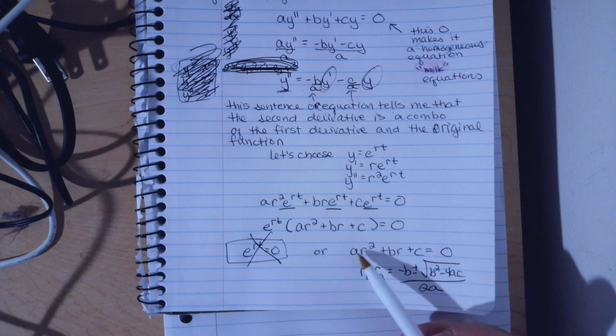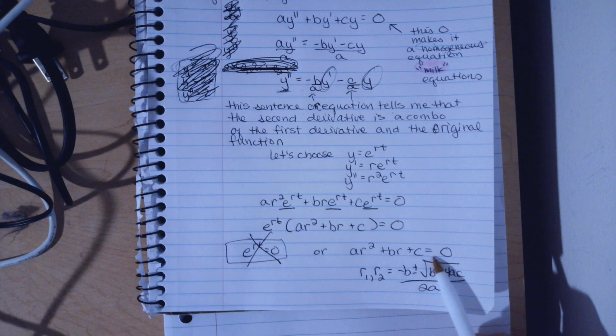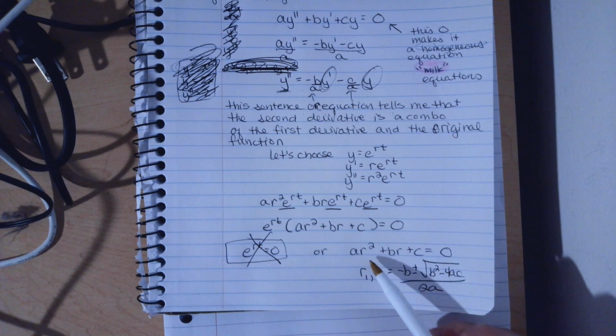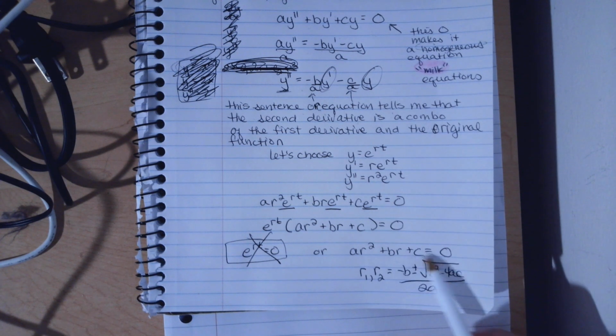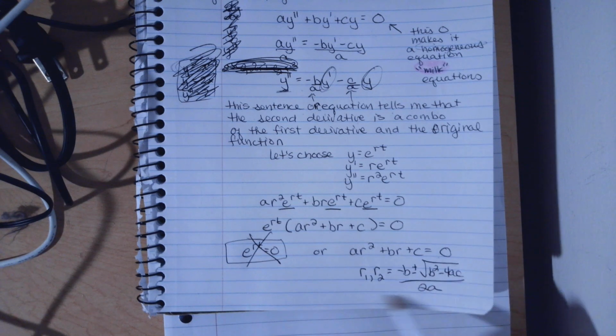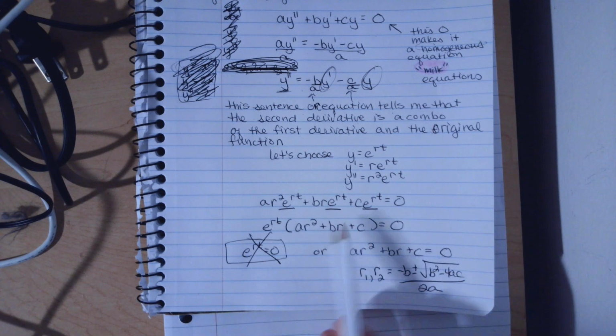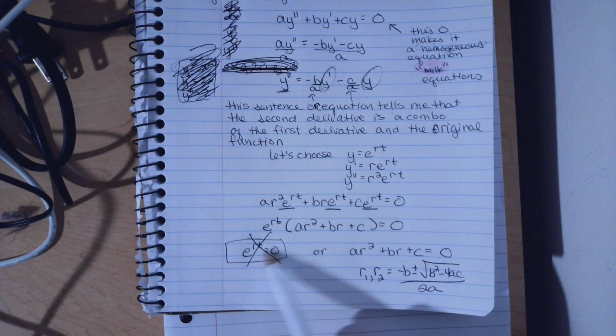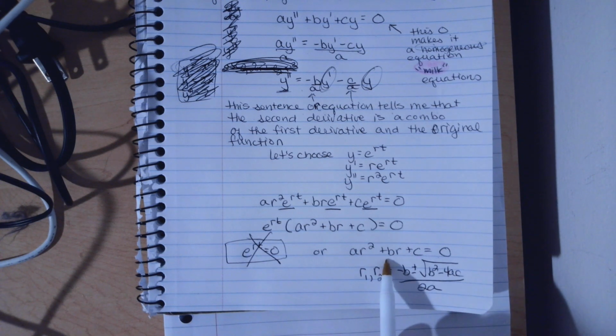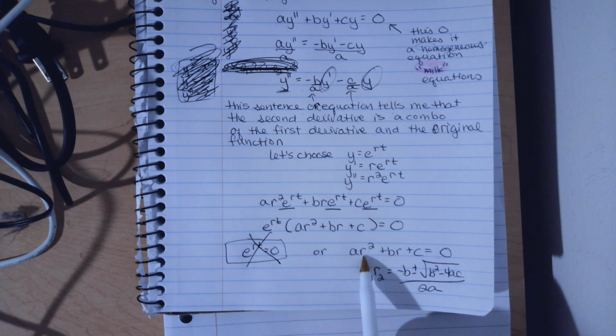Sometimes they'll be real and distinct and you can factor it. Sometimes they'll be real and repeated and you can factor it. Sometimes they'll be complex and you're going to use your quadratic formula. But regardless, you're going to get to ignore this guy. This is now a polynomial, right? Instead of x, we're in terms of r here.